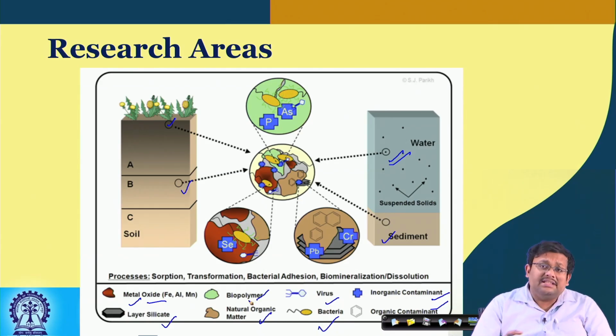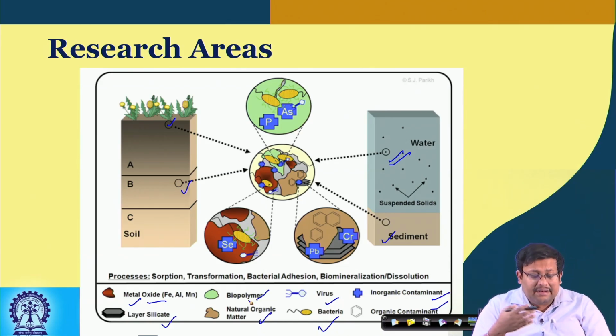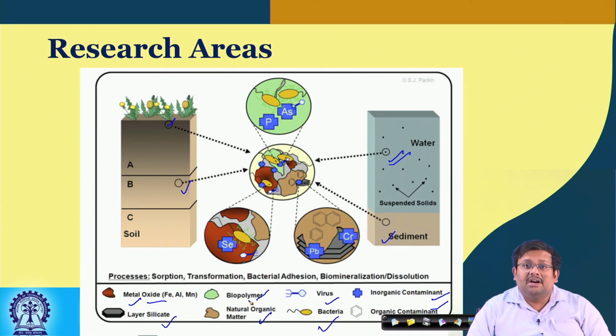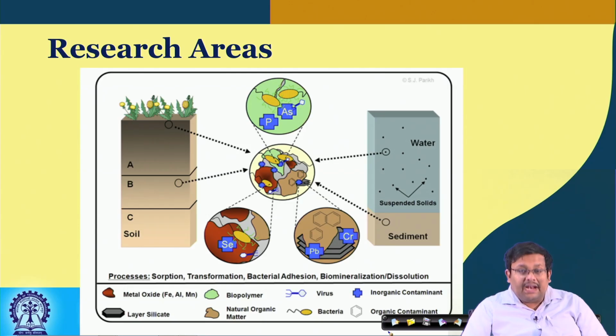Remember that all these individual components can coexist, and there are several processes responsible for this, like sorption, transformation, bacterialization and biomineralization, dissolution. All these processes are active in the soil, which basically governs the dynamics of these individual components. So, these are some advanced research areas in the environmental soil chemistry domain, and as the course progresses we will discuss other areas which have advanced applications of environmental soil chemistry.